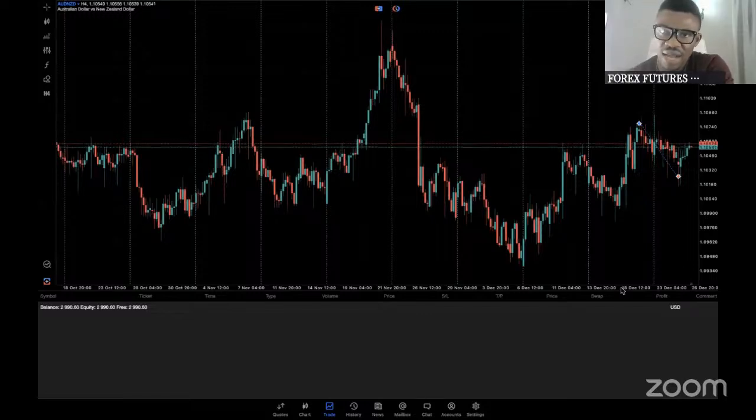We set our trade entry at this level. We set our stop loss under this particular low, which was here. And as we can see, the price was supposed to go all the way to the top, our take profit, but it didn't go there.